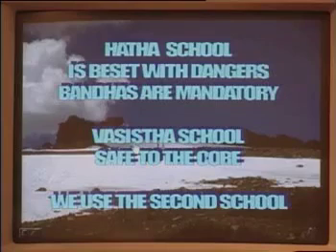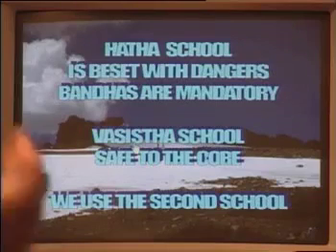Therefore, we have chosen the safe path, the Vasishtha school, in which there is no mandatory Kumbhaka, no Antari Kumbhaka, no Bahir Kumbhaka. It is simply effortlessly breathing in slowly and breathing out effortlessly. This is the whole essence, and it is this school that we use extensively.